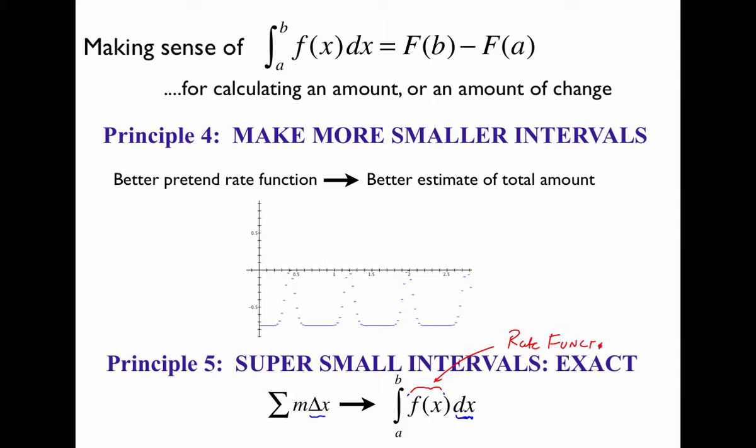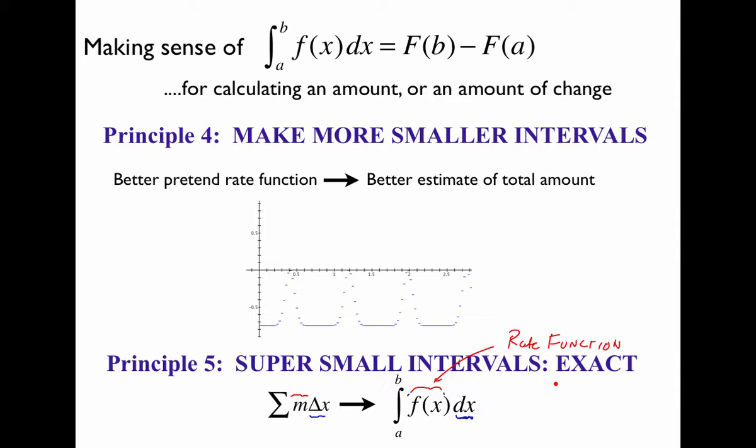So the rate function is all of the rates at infinitesimal intervals, as opposed to rates over finite intervals. But it's still m, right? These were still rates, and now it's all the rates, which makes the rate function.